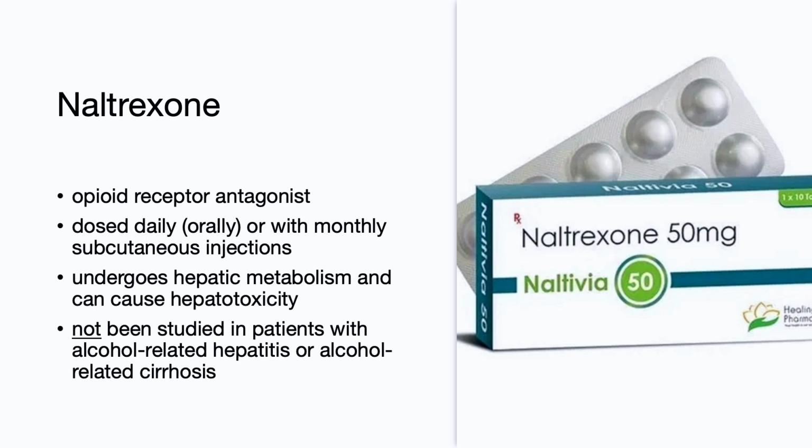Naltrexone is an opioid receptor antagonist and can be dosed daily or with monthly subcutaneous injections. It undergoes hepatic metabolism and can cause hepatotoxicity. It has not been studied in patients with alcohol-related hepatitis or alcohol-related cirrhosis.